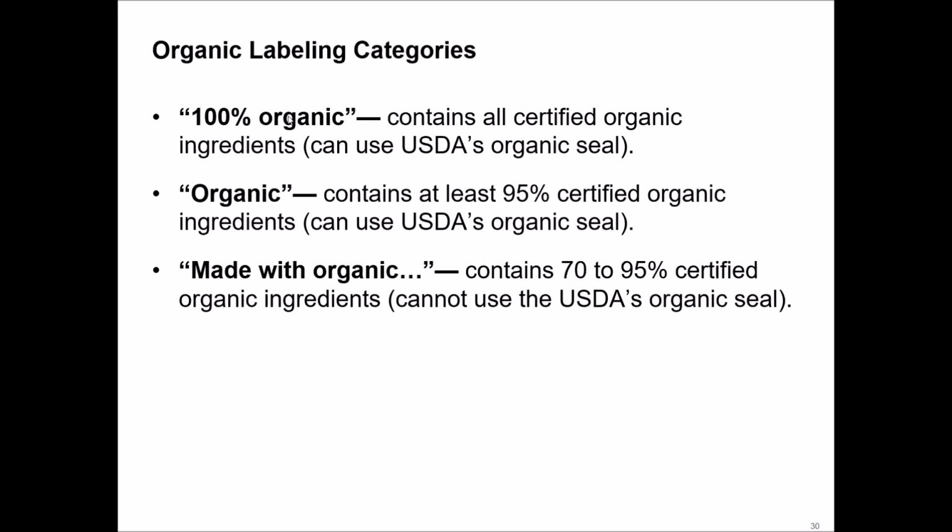If it doesn't say 100%, if it just says organic, then by USDA's definition at least 95% of the ingredients have to be certified as organic, which is still a very high percentage. So roughly 5% may not be organic. If it says made with organic, then the criteria is 70 to 95% certified organic ingredients. So there's a little legality to how they label certain things based on the USDA's guidelines.